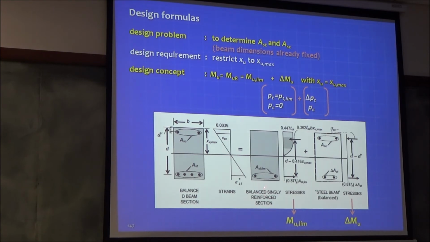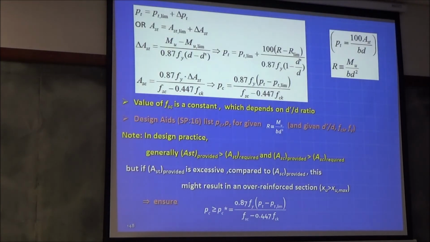So there's a balanced singly reinforced section. You know the capacity, it's MU limit, and you know the requirement for delta MU, and then you can find out the area of steel needed. So PT is PT limit plus delta PT, and you know that delta AST, the additional tension steel you need, is MU minus MU limit divided by 0.87 Fy (D minus D dash), because the steel is going to yield. The lever arm is D minus D dash, so you can easily work this out.